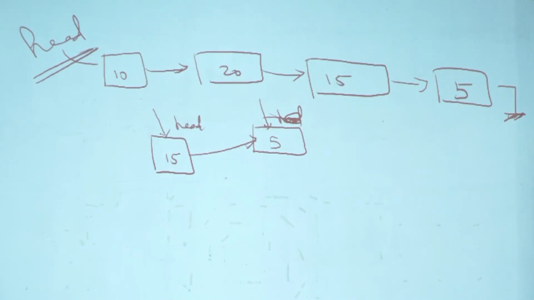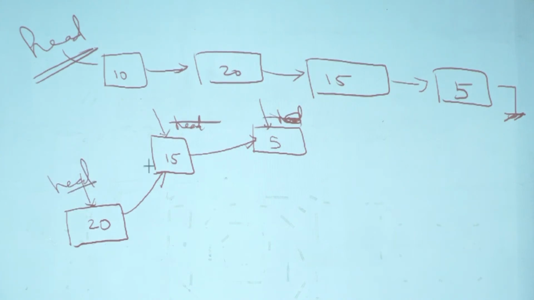When I added 20, again temp was pointing here, new node. 20 was created here, and this guy's next was made to point to the old head, and this guy became the new head at that point. So these guys are no longer heads.